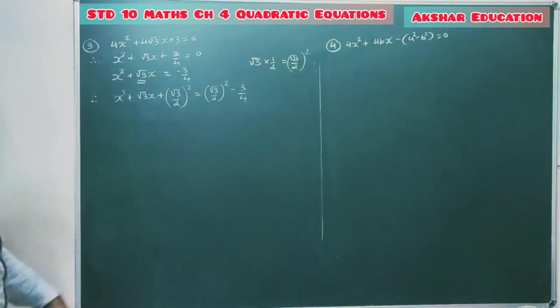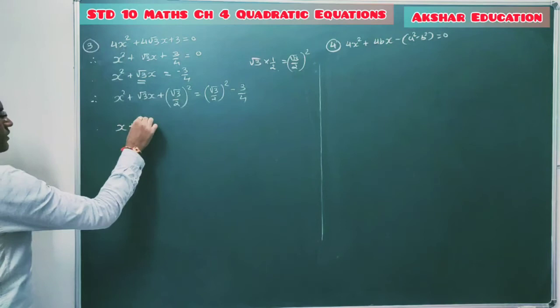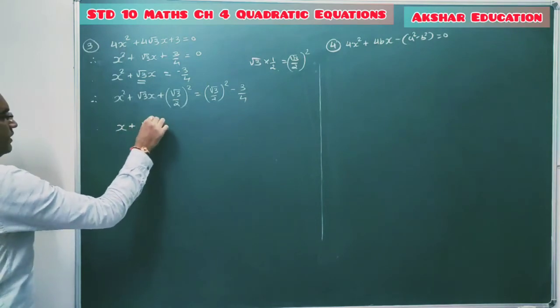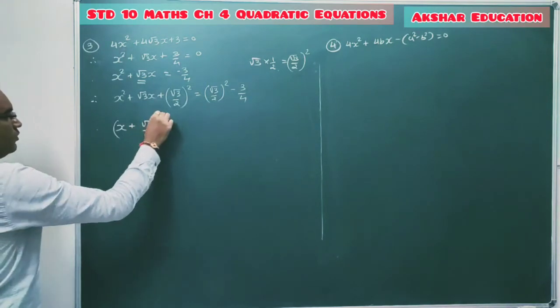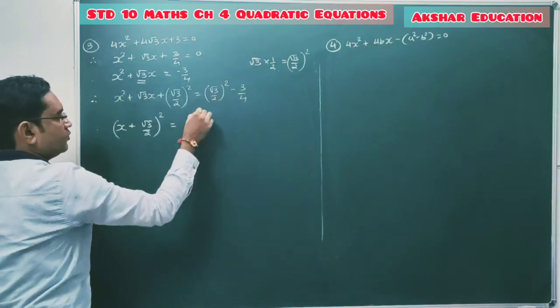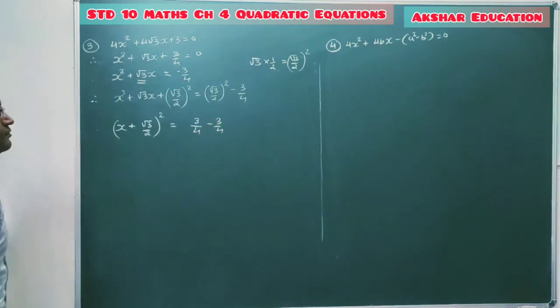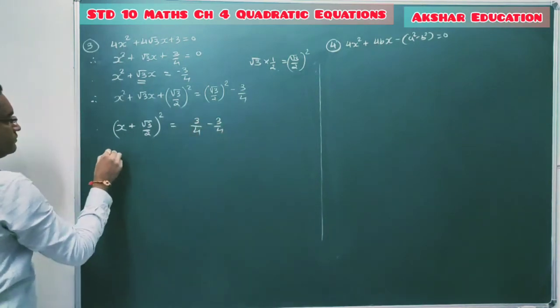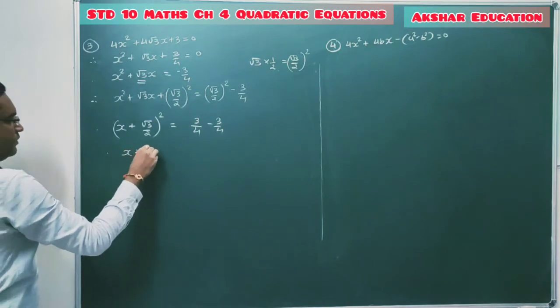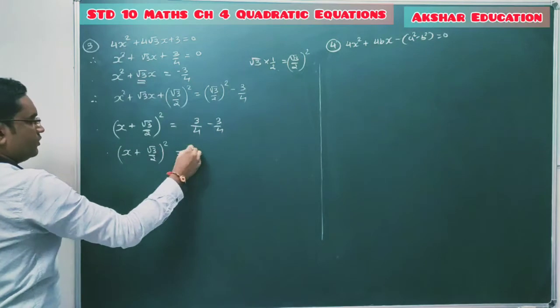So here we are getting one perfect square trinomial whose factorization is x plus root 3 by 2 whole square, and that is equal to root 3 square is 3, 2 square is 4, minus 3 by 4. 3 by 4 minus 3 by 4 is 0. So we are getting x plus root 3 by 2 whole square equal to 0.